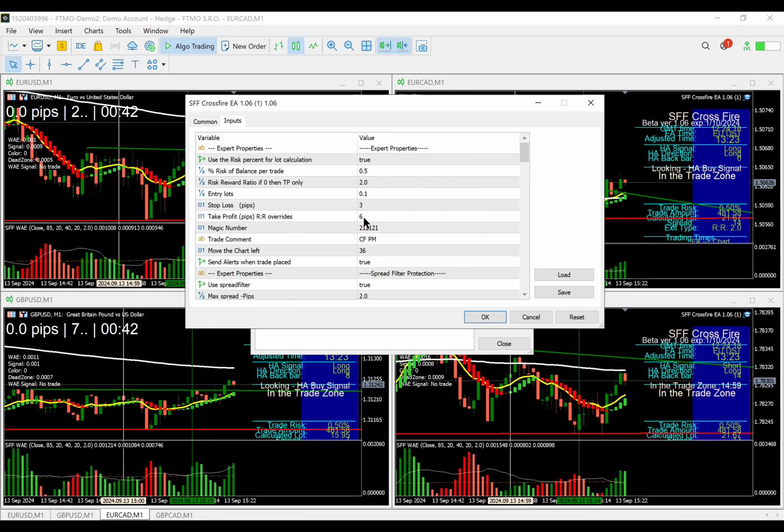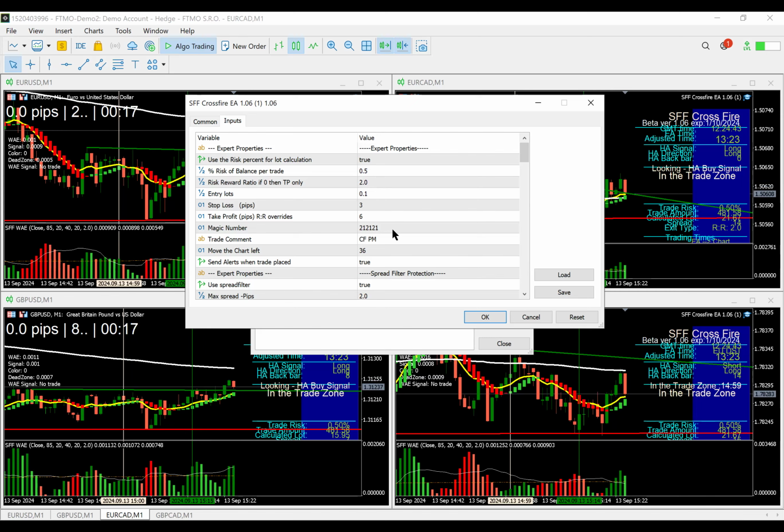This number here really doesn't affect it. It's down to the number 2. It's down to what you put in there. I'm telling it I want to risk 0.5%, but I want to make risk to reward of 1 to 2. So I'll make a profit of 1%, 2 to 1.